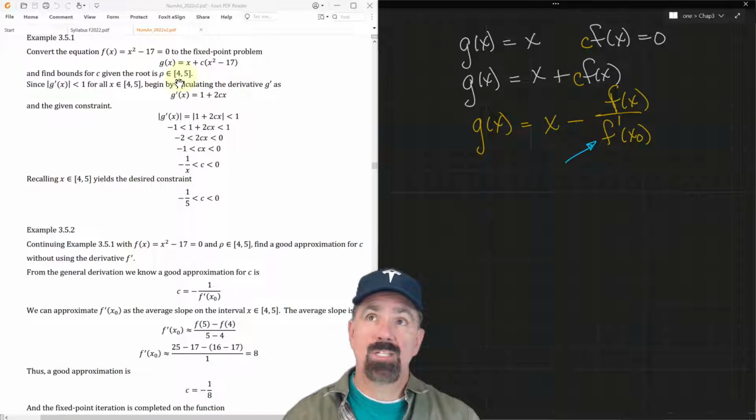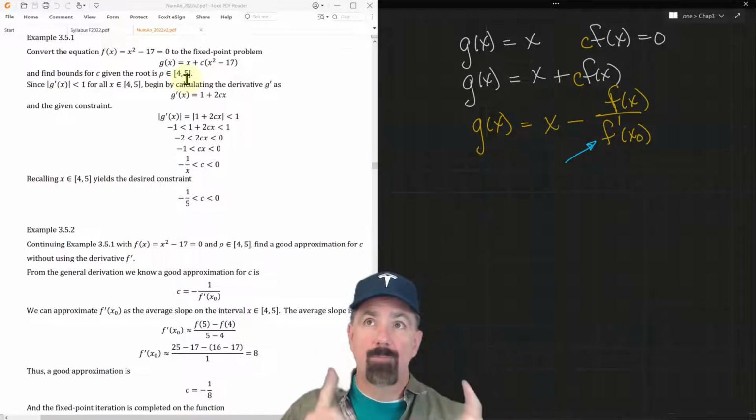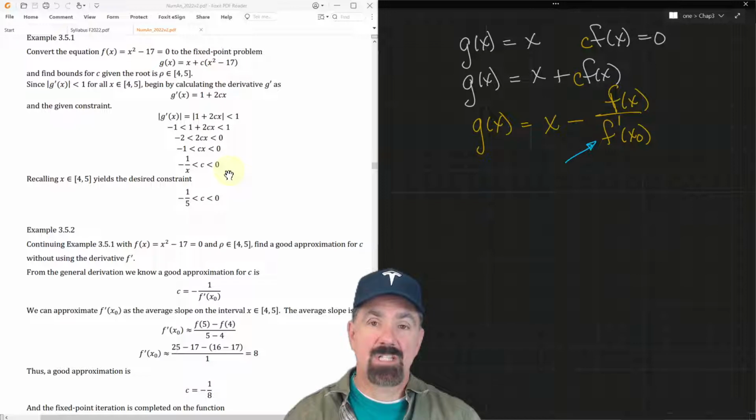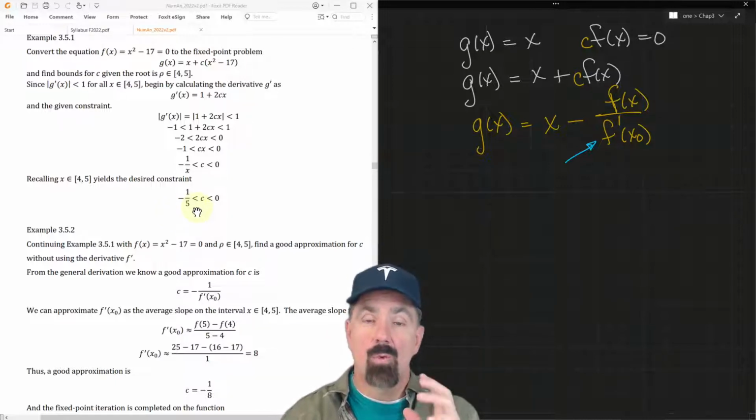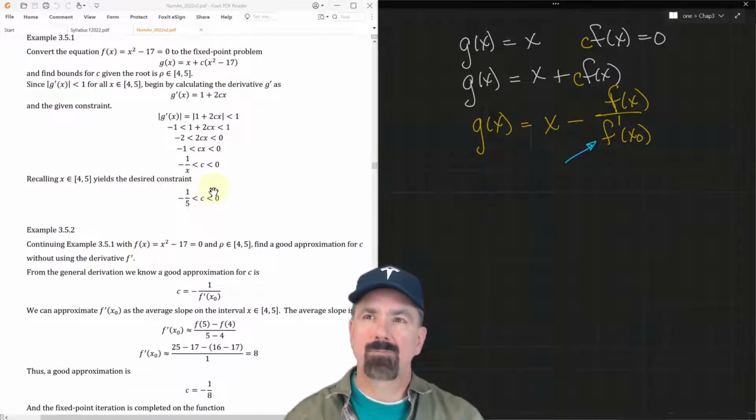In this case, we see the fixed point is between 4 and 5. That's our interval, 4 and 5. And then, since this is our inequality for c, what we end up with is we are bounded between 0 and -1/5. That doesn't give us necessarily the best answer on what we should choose c to be, but it does tell us the range under the conditions that we know we will be able to find a unique fixed point.